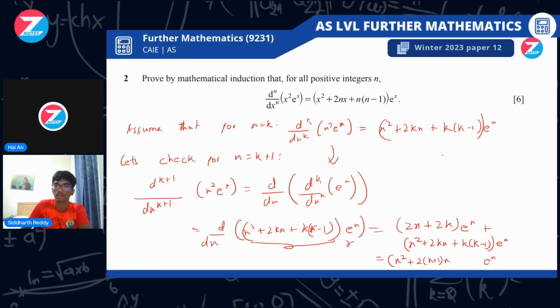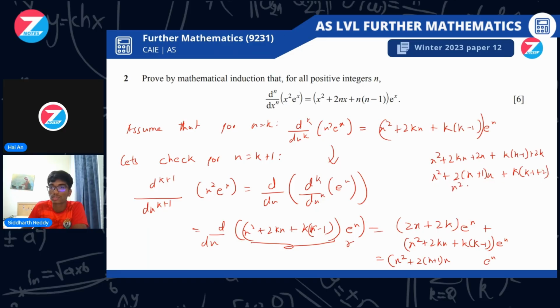So we have x squared plus 2(k plus 1)x plus k(k minus 1) plus 2k, which becomes k(k plus 1).